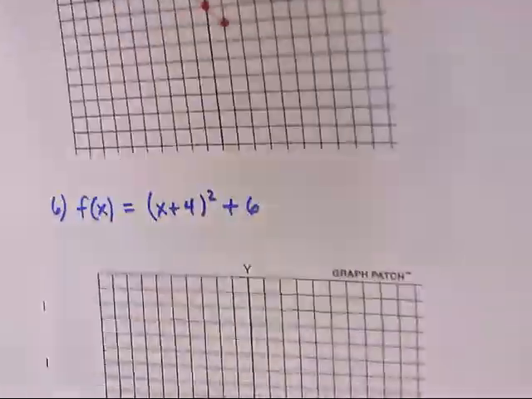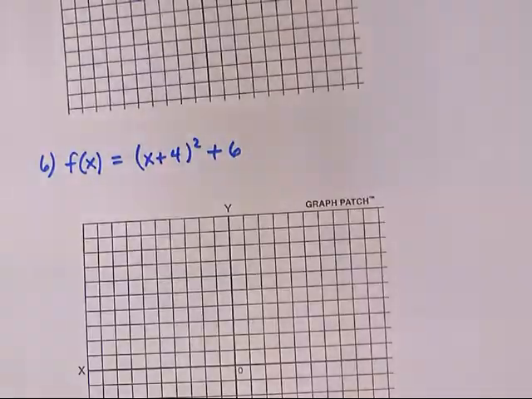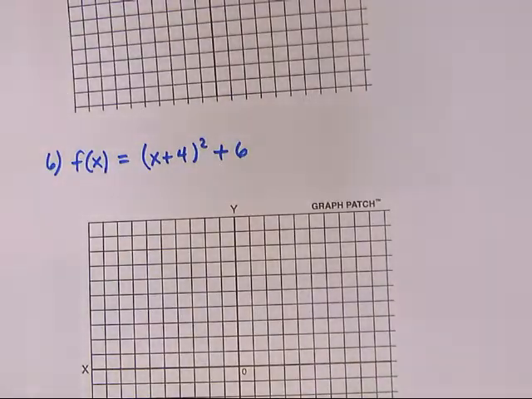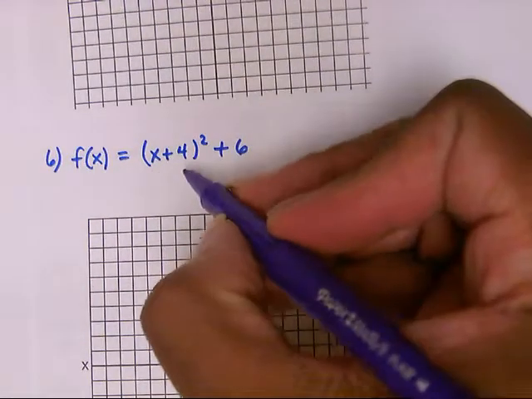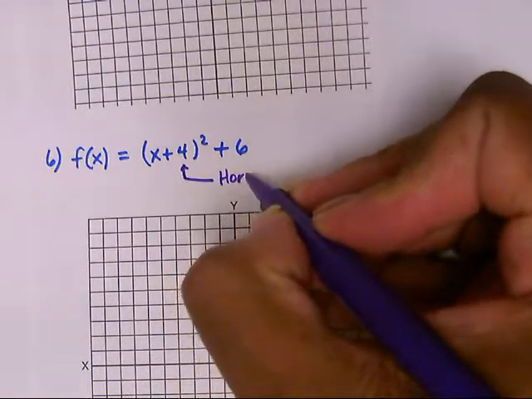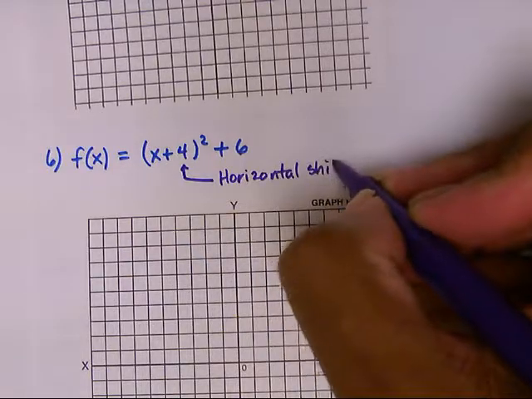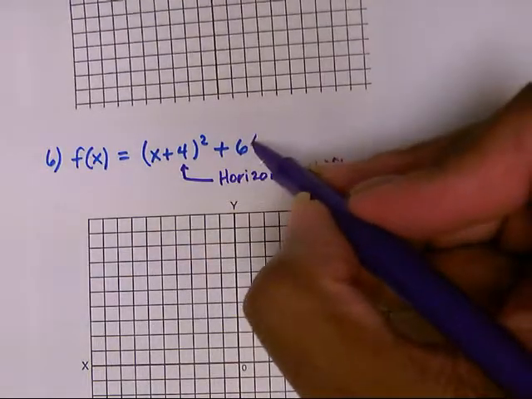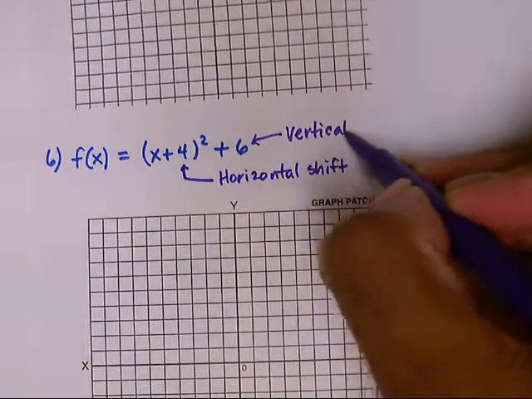And I think those transformations will be on your help sheet as well. So by looking at this, I have 2 different transformations. One of them, if you see that plus 4 here, in this case, that's a horizontal shift. And then the plus 6, that represents the vertical shift.